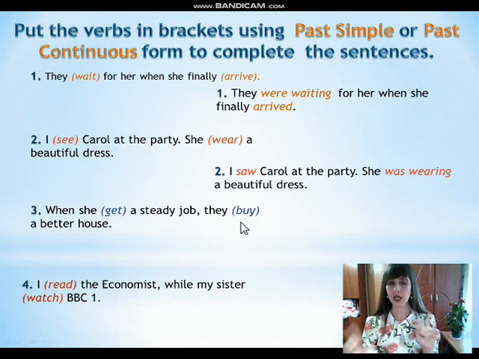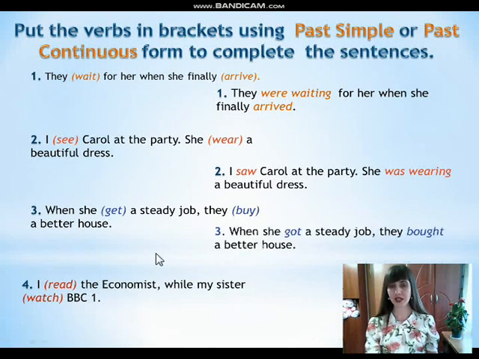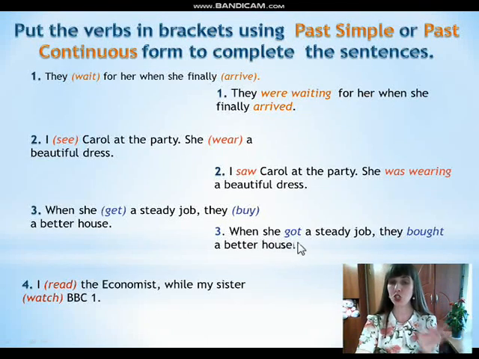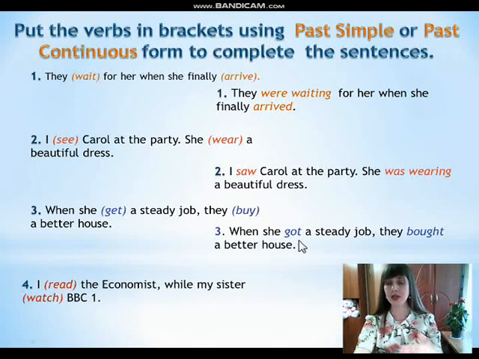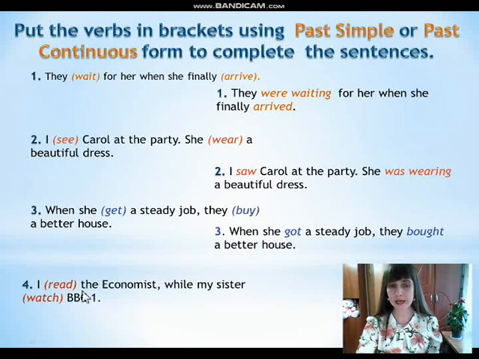Yeah? So, you remember we spoke about the sequence of past actions when the actions happen one by one. So, we should use the past simple tense. Let's check. Let's see if we were correct. Yes, we were correct. When she got a steady job, they bought a better house. Two actions that happened one by one, a sequence of actions, one by one, okay?